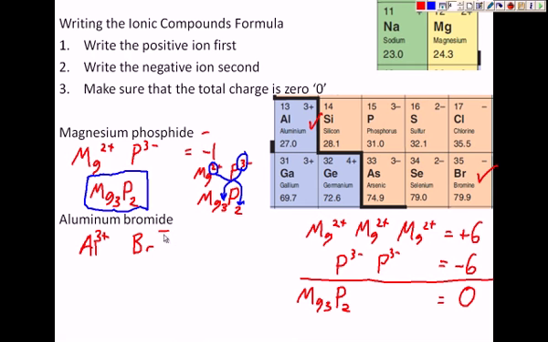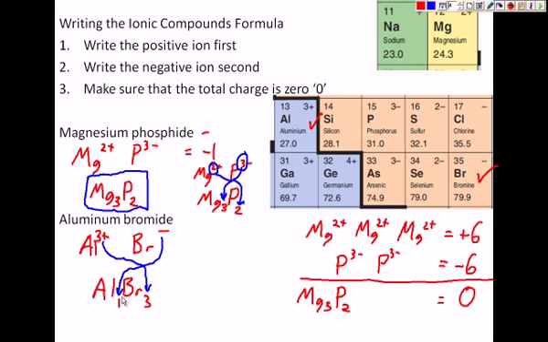If it's just a minus, it just means minus 1. Now we'll use the second quicker method. Al, Br. This we can write right here, and this we can write right here. So our answer becomes Al1 Br3.